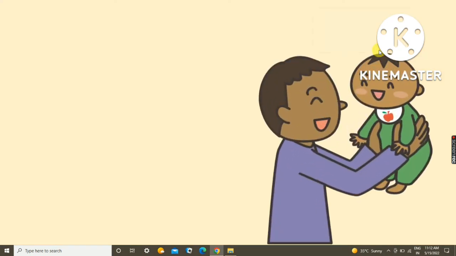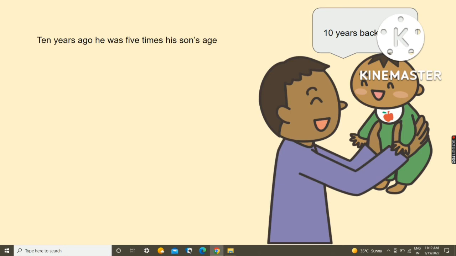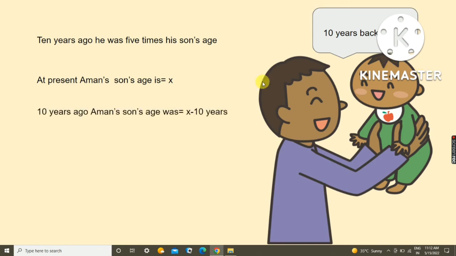Now let us move 10 years back, when Aman was young and his son was very small. 10 years ago he was 5 times his son's age. At present Aman's son's age is x years, and 10 years before it would be x minus 10.